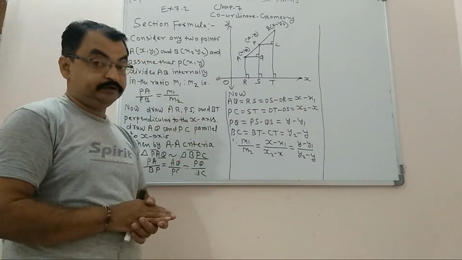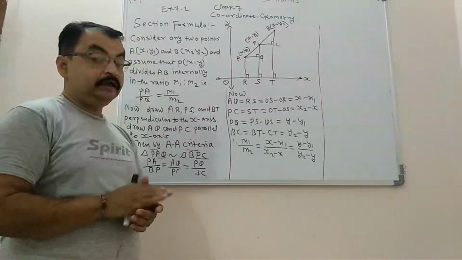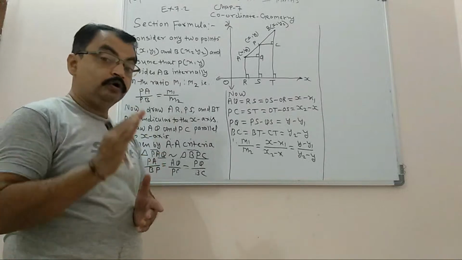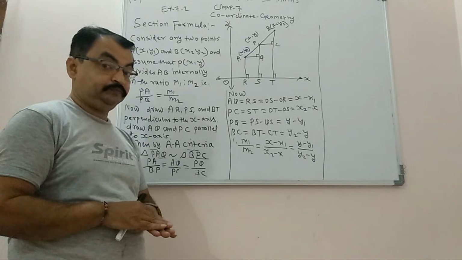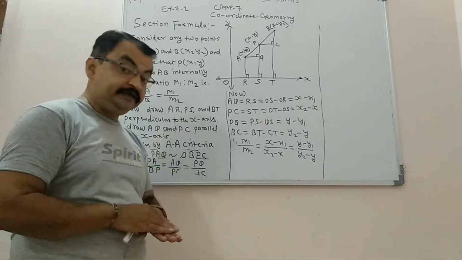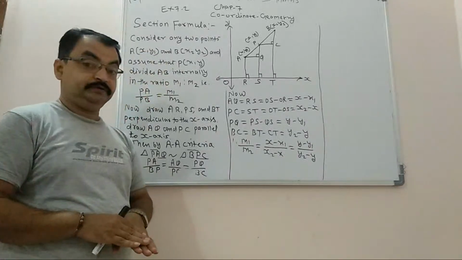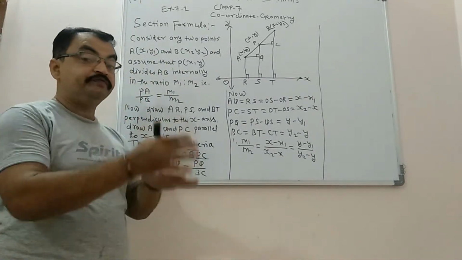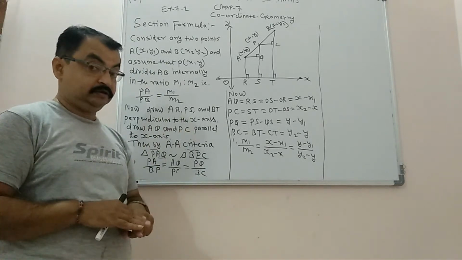I again repeat. What does the section formula give us? It gives the coordinate of a particular point which divides the given line segment in two different parts.